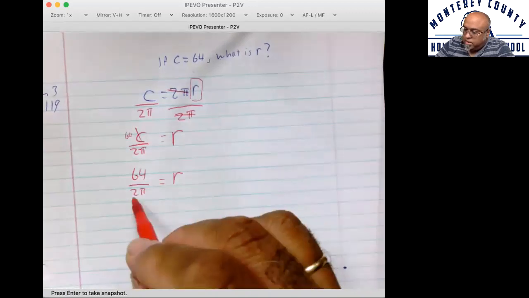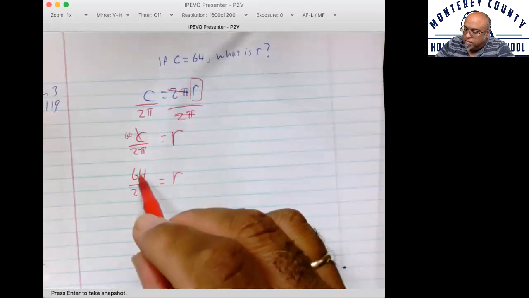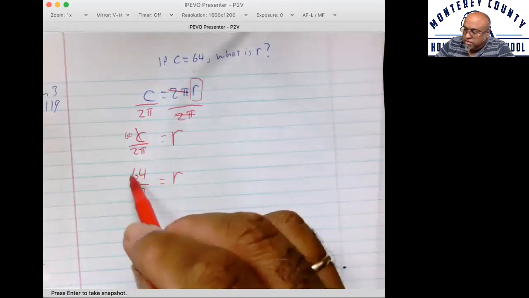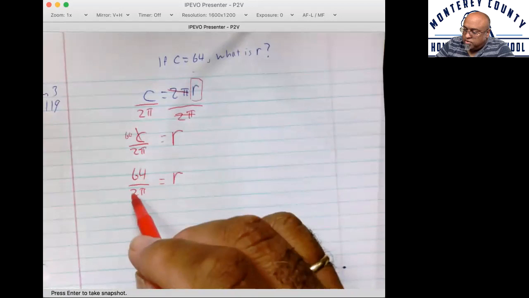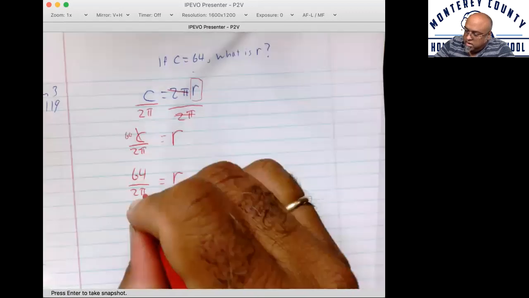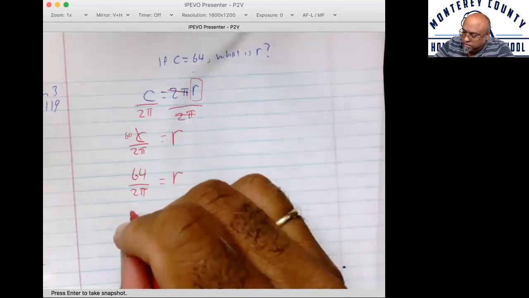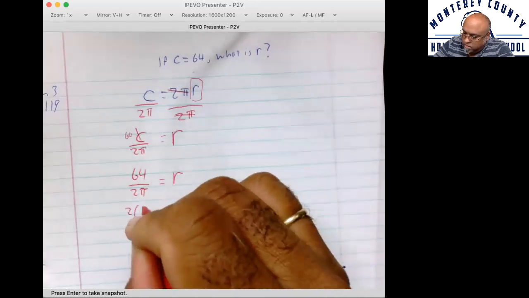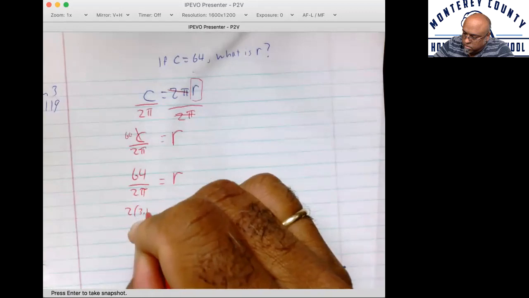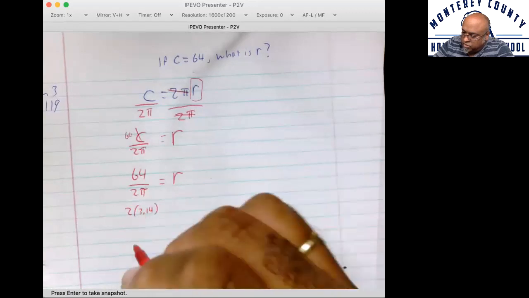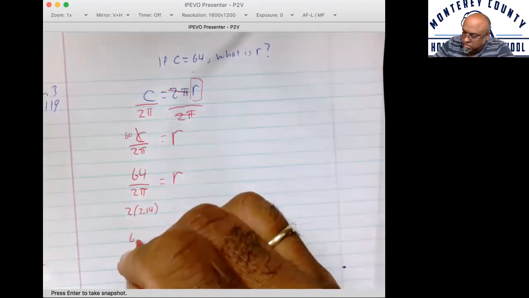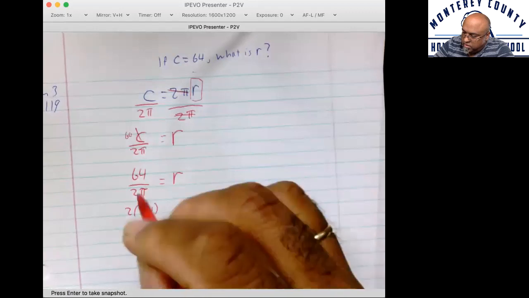I can go 2 times pi and then divide 64 by that, or I can divide 64 by 2 and then take that answer and divide it by pi. So for pi, I'm going to rewrite it as 3.14. Which would be 6.28.